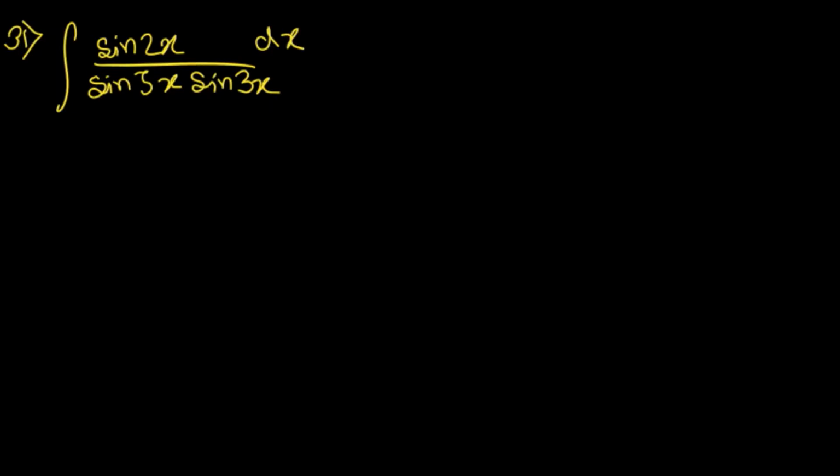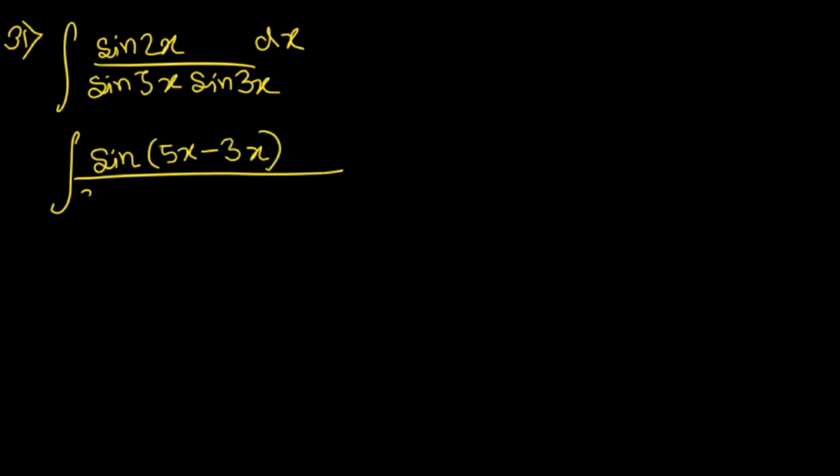Integration of sin 2x by sin 5x sin 3x dx. If we write it like this, sin 2x is sin of 5x minus 3x, with sin 5x and sin 3x in the denominator.